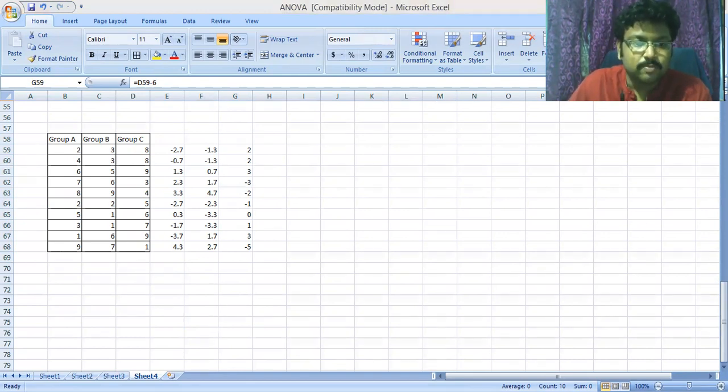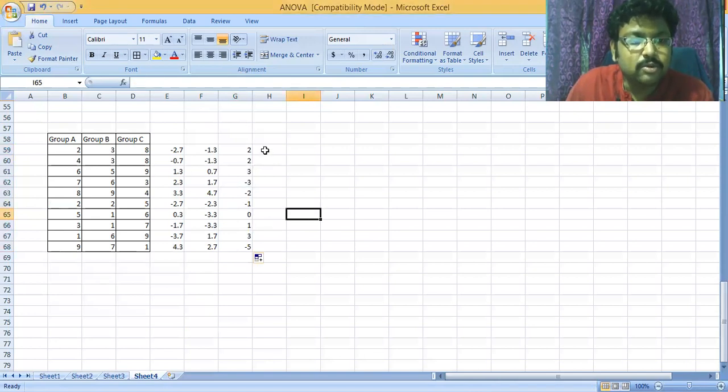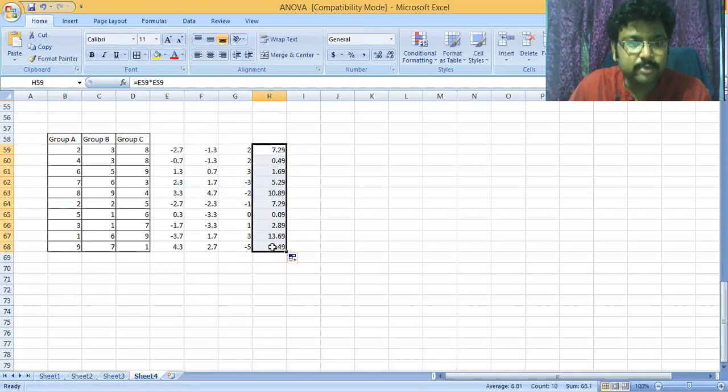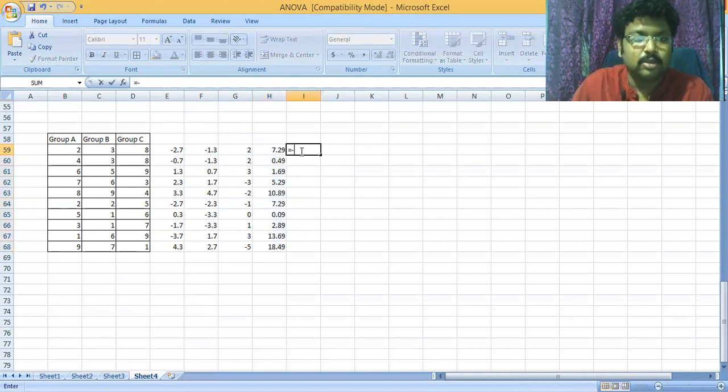Now we have to take the square of these values. If we multiply it again by itself, then we get the square. So for this value, multiplication sign, again this value.